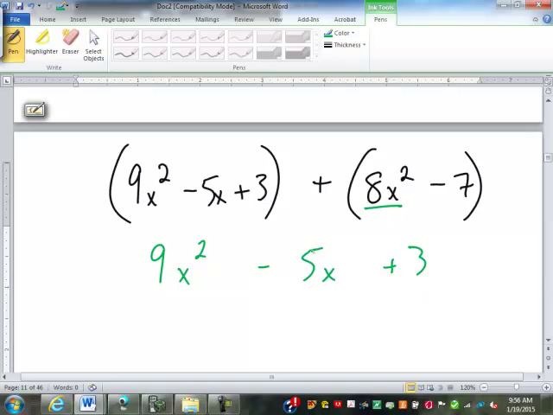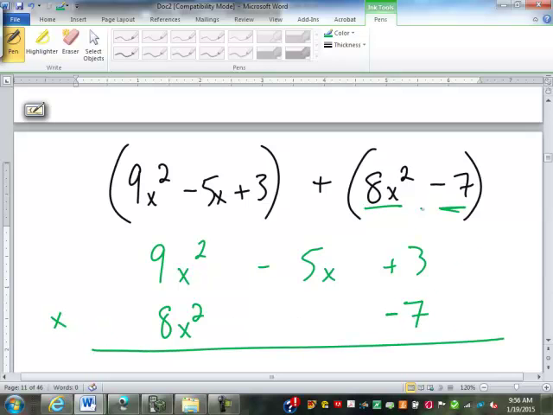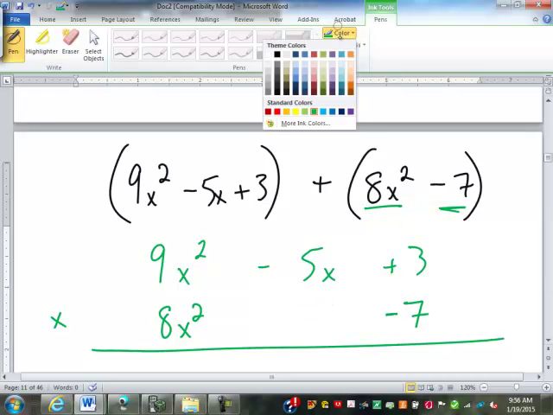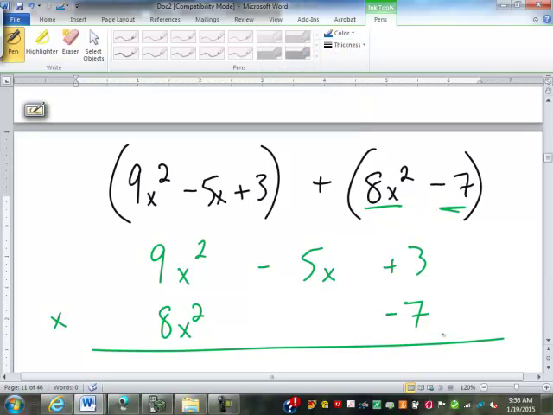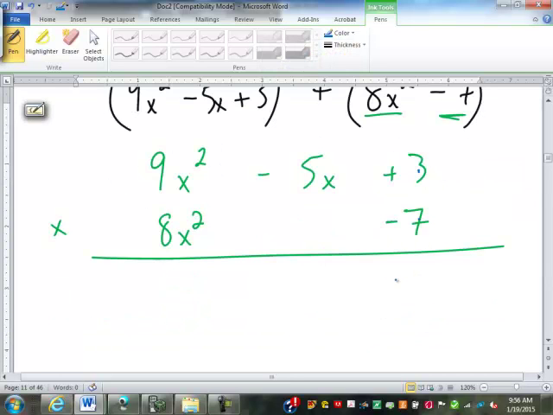Where's the 8x squared have to go? Under the 9x squared. Where's the negative 7 have to go? Under the 3. There's a missing digit here. The x digit is missing. So anyway, we got 3 and negative 7 make negative 4. Well, negative 5x doesn't combine with anything. 9x squared and 8x squared is 17x squared.